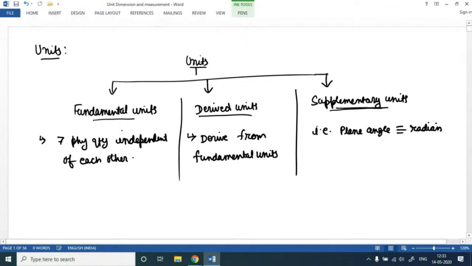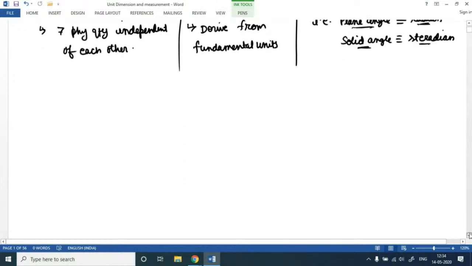And the other is again a ratio, that is solid angle, and its unit is steradian. So these are supplementary units. Although these two physical quantities are dimensionless because they are ratios, we assign units to them. The unit of plane angle is radian, and the unit of solid angle we say is steradian.